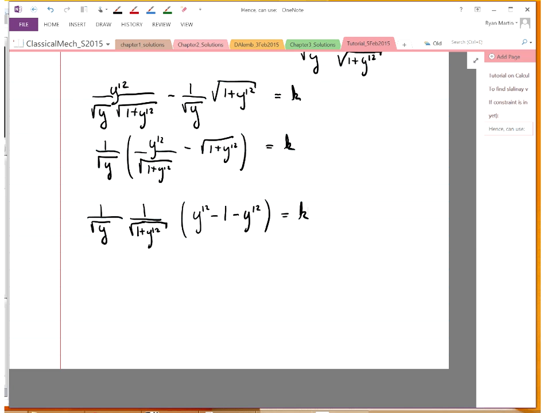So the term in parentheses just turns out to be minus 1, right? So I have minus 1 over the square root of y times the square root of 1 plus y prime squared equals k. So I can square the whole thing. So then I have 1 over y times 1 plus y prime squared equals k squared.